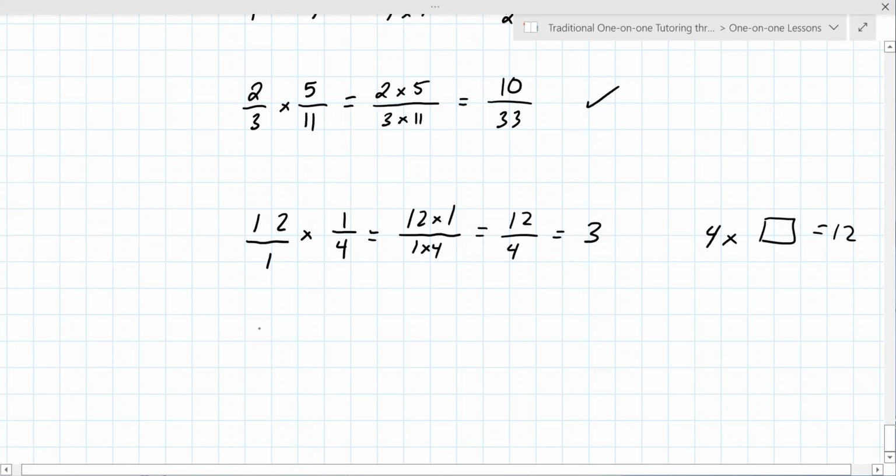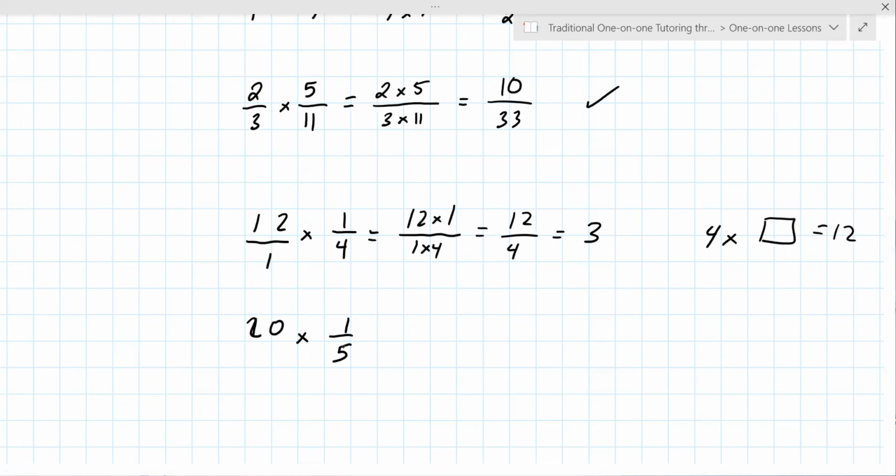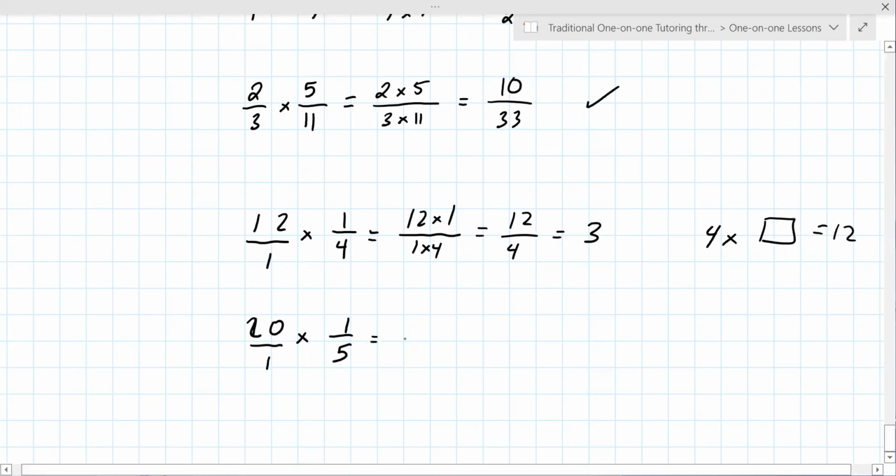Let's try another one here. Let's go 20 times 1/5. So 20 is really 20 over 1. Okay, Michael, and then you can multiply the tops and then you can multiply the bottoms.